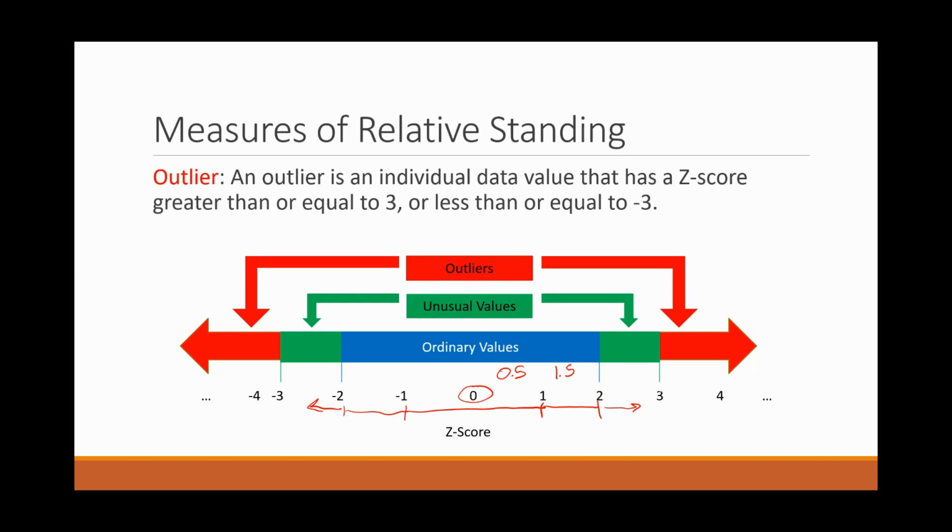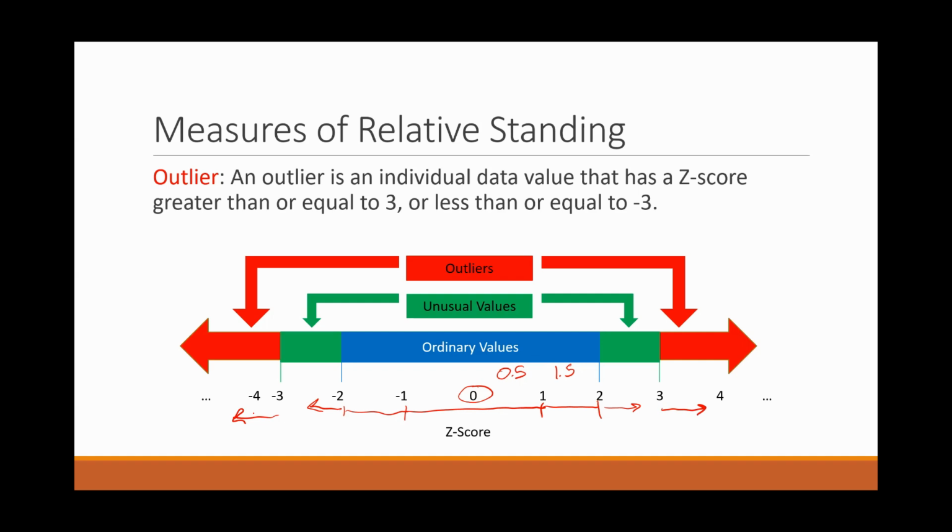The probability of a value with a z-score above 2 or below -2 is pretty unlikely. That's kind of an extreme value. And if we have a z-score above 3, wow, that's crazy. It's very unlikely to have a z-score above 3 or below -3.